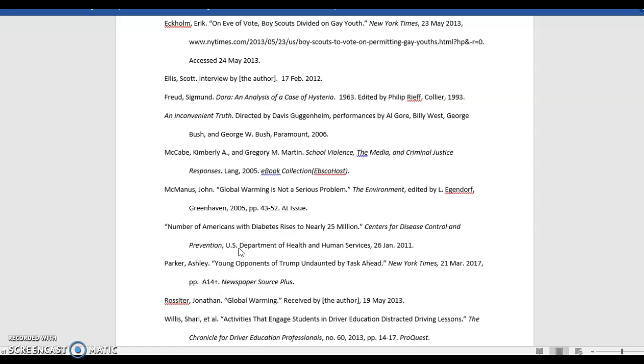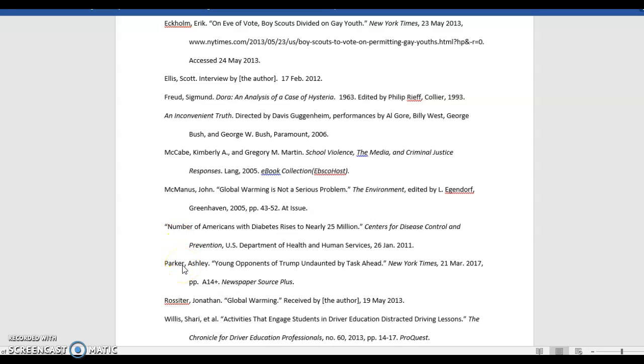The Center for Disease Control and Prevention is part of the U.S. Department of Health and Human Services, and this was posted on the 26th of January 2011. Please also note you have no author, so it begins with the title. We don't write anonymous or NA, and we don't repeat Center for Disease Control and Prevention as the author. It's a common mistake.